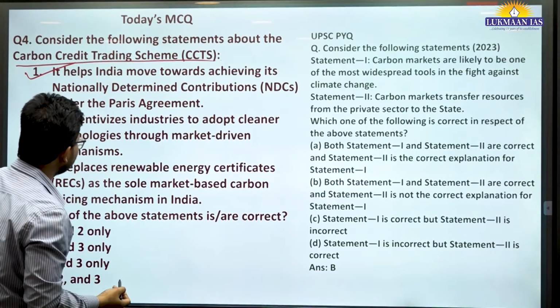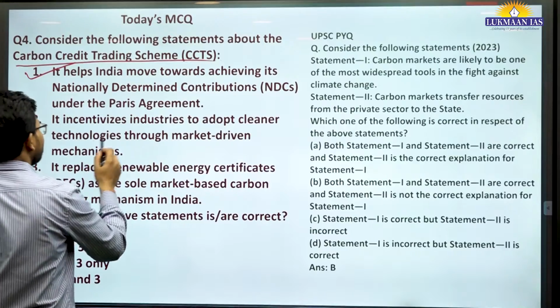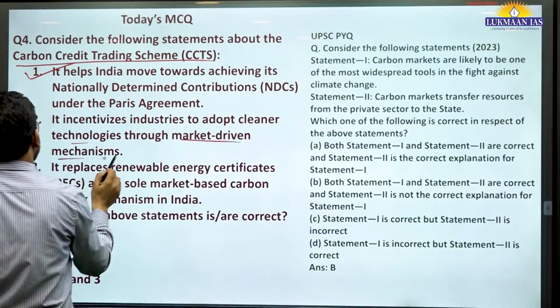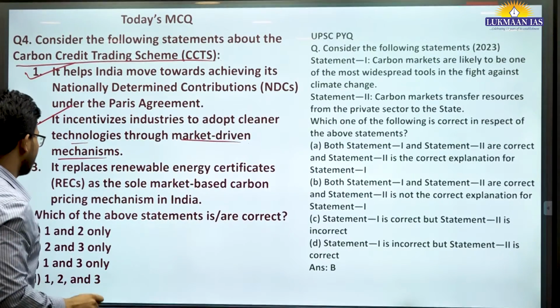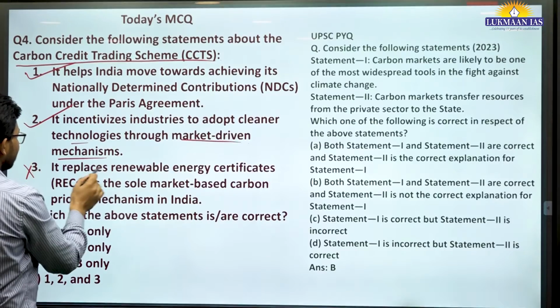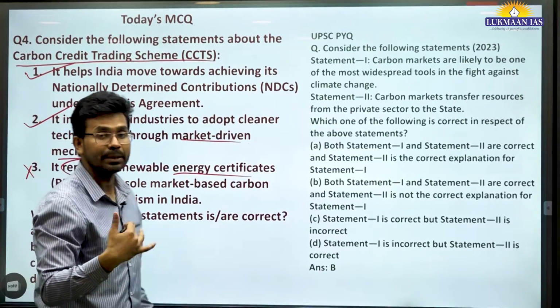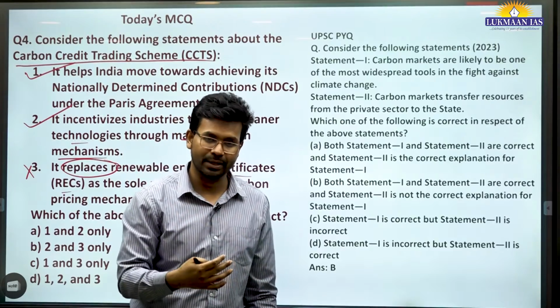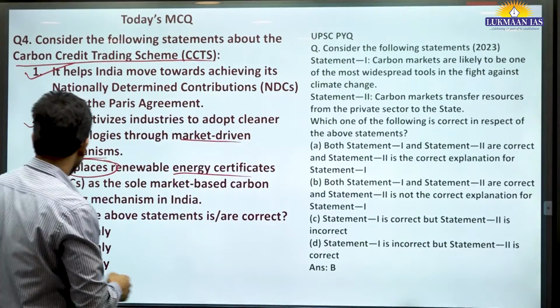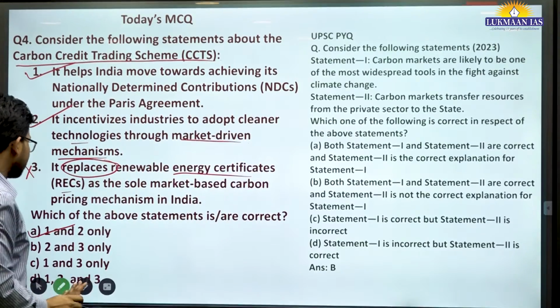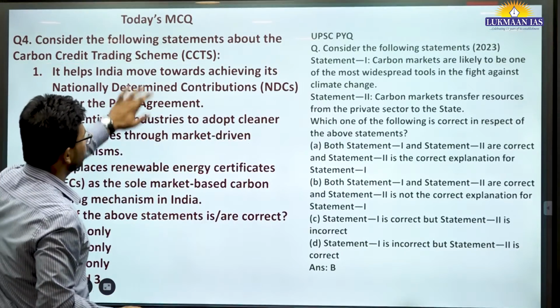Second, it incentivizes industries to adopt cleaner technologies through a market-driven mechanism. This statement is also right. But the third statement is wrong, because it says that it replaces renewable energy certificates. It does not replace them, it just complements them. It's an additional thing. So only option A is correct, meaning statements 1 and 2 are right.